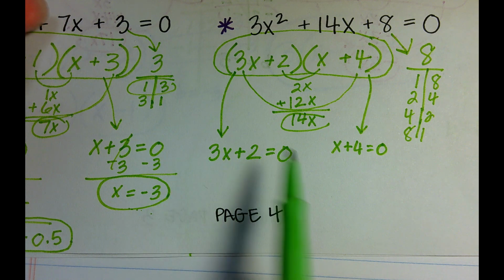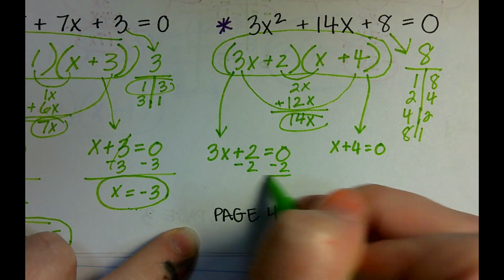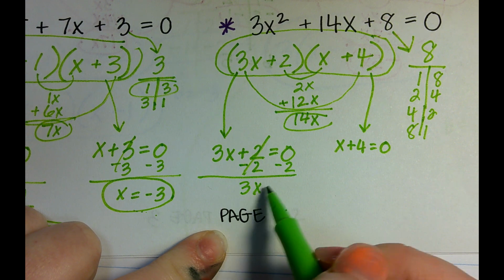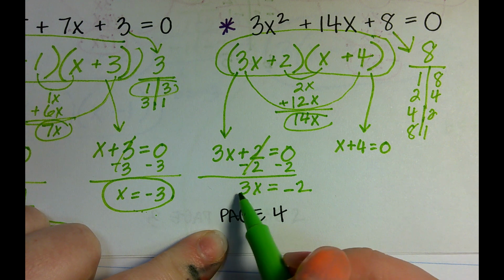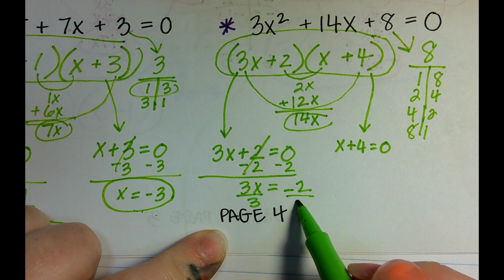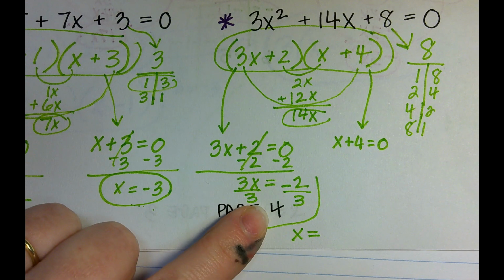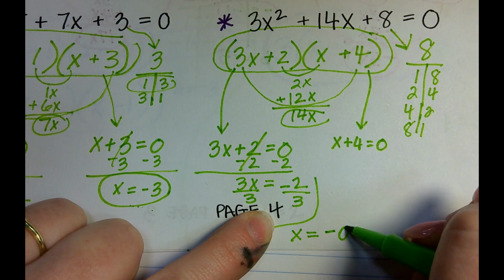Okay, and how would I solve the first one? Good, minus 2 on both sides. And that leaves... Good. 3x equals negative 2. Divide by 3. Good. So then we get x equals either, you could leave it as a fraction, negative 2/3, or you could say negative 0.